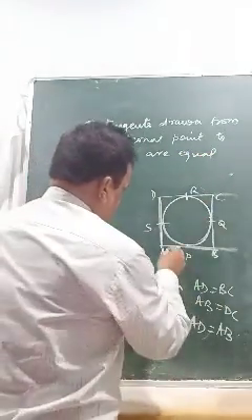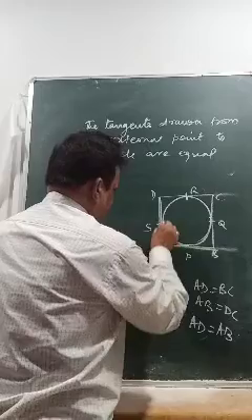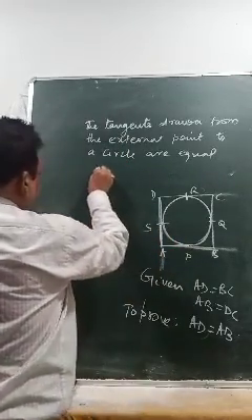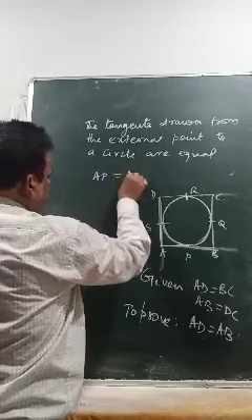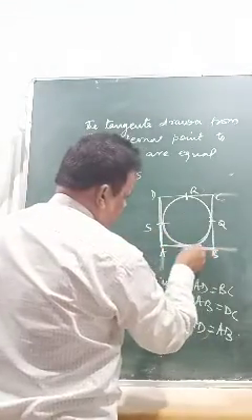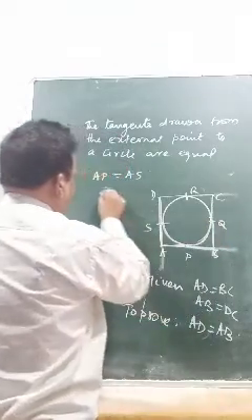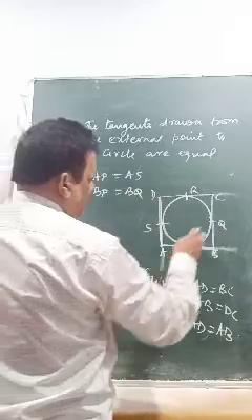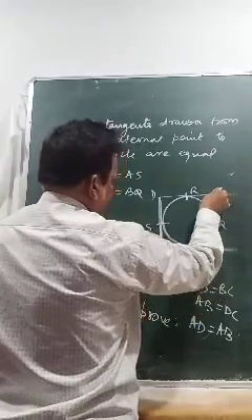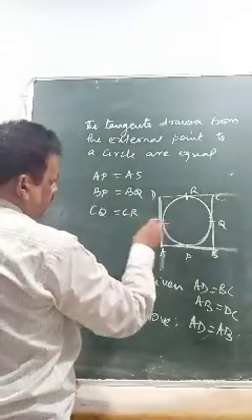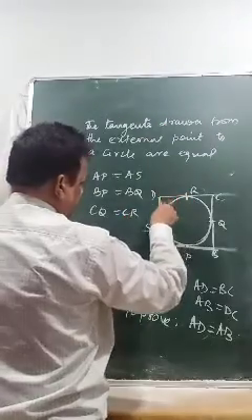Means this will be the tangent, na? So AP equals AS. Similarly BP equals BQ. Then CQ is equal to CR. Then DR equals DS.